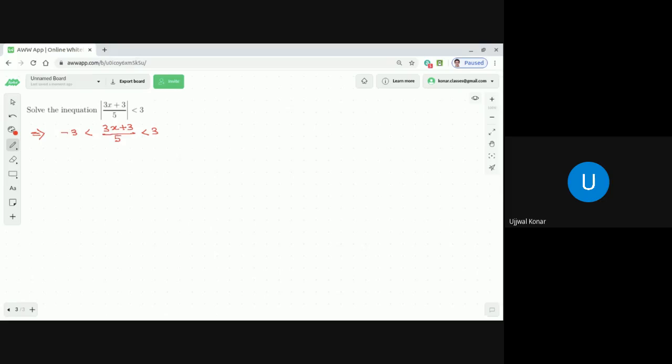Correct? Now, we can break it into two parts. Suppose let's take the first part, where minus 3 is less than (3x plus 3) by 5.